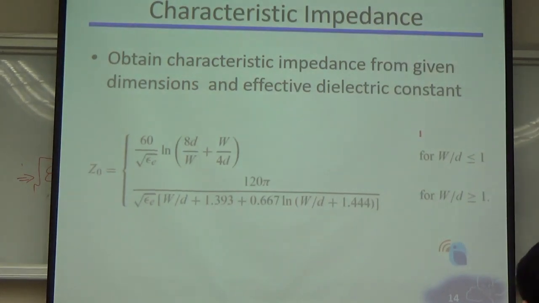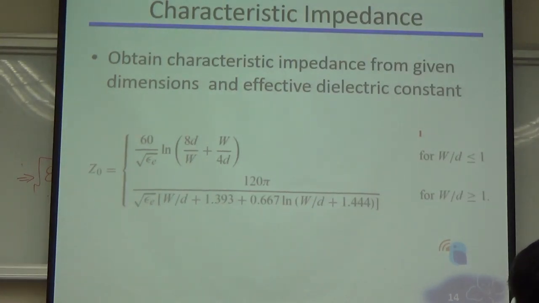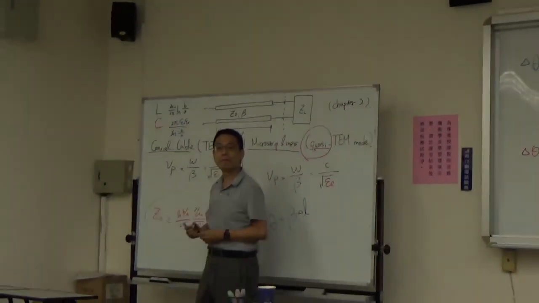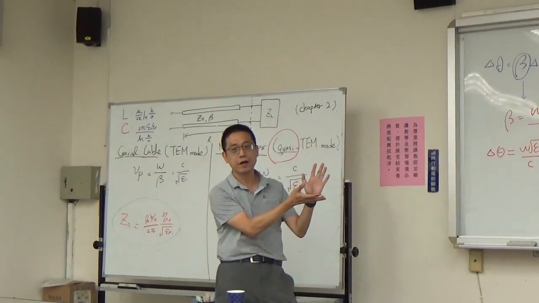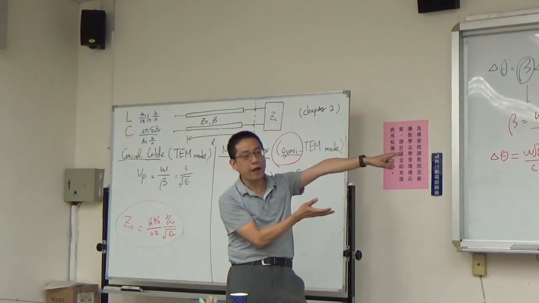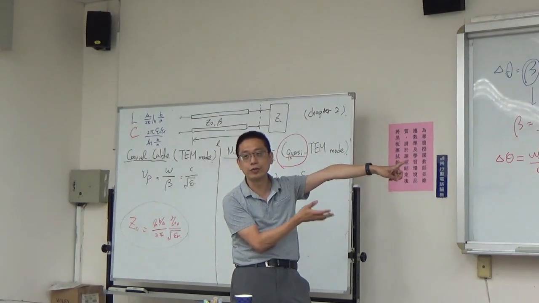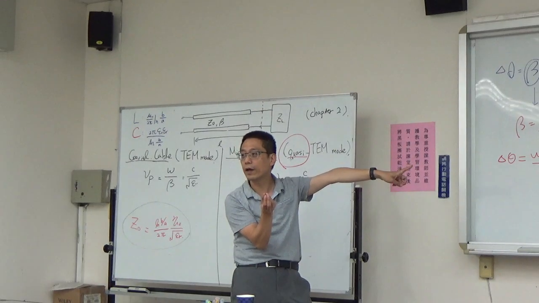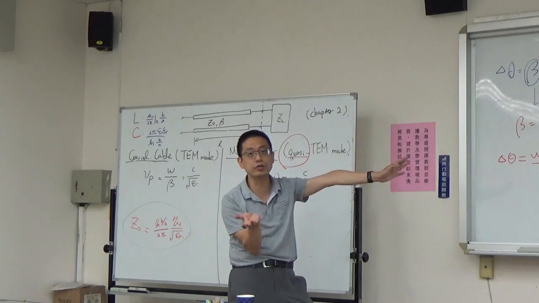For the characteristic impedance, it still has a very ugly form. For coaxial cable, it's this one. But for the microstrip line, scientists obtained the equation for characteristic impedance through some numerical method. Okay? There's no way to explain. This is just the equation.